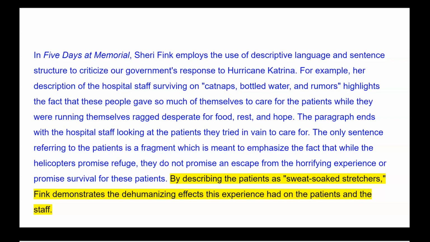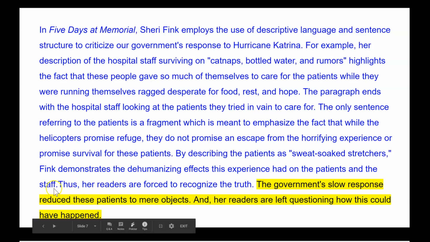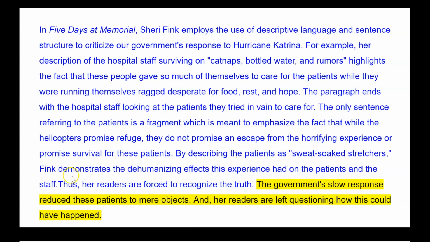And now I'm still not done because it still is like in between analysis and summary. This last sentence helps to push it to rhetorical analysis. So I wrote, by describing the patients as sweat-soaked stretchers, Fink demonstrates the dehumanizing effects this experience had on the patients and the staff.